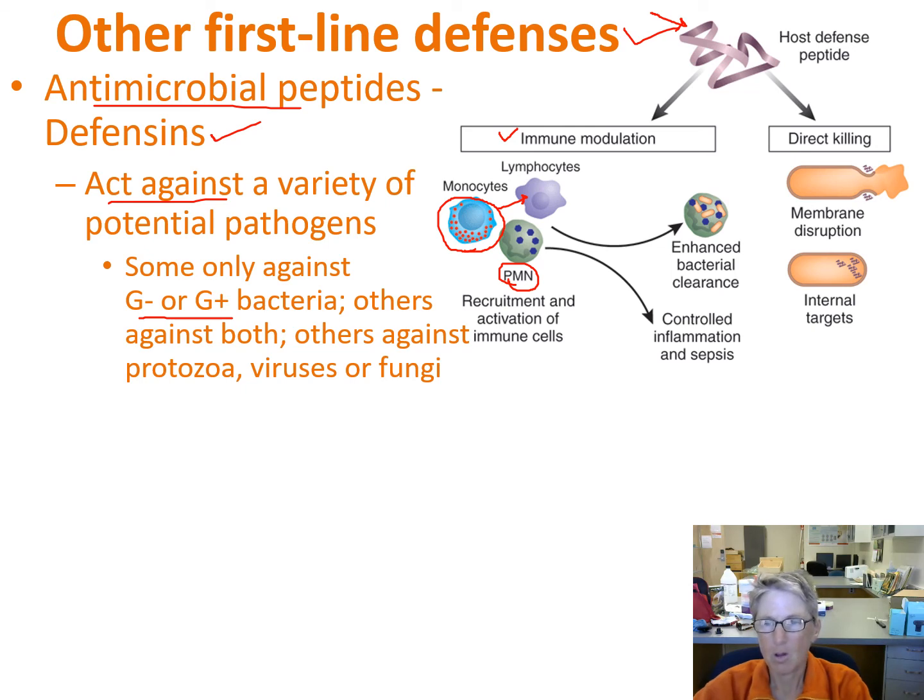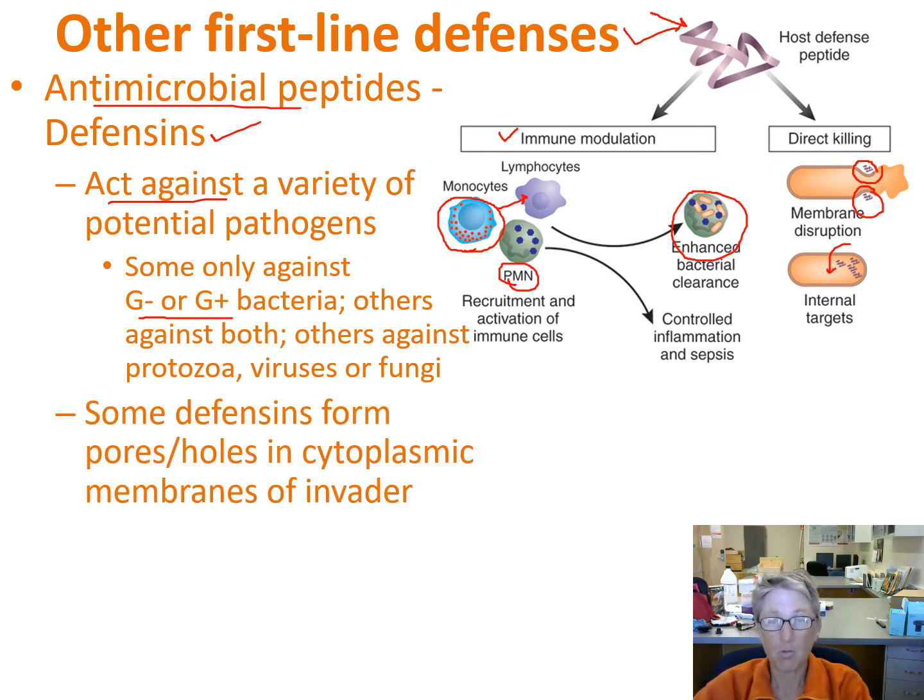And it shows here enhanced bacterial clearance, so they've eaten the bacteria. Host defense peptides can also do direct killing. So these peptides can stick themselves in the bacterial cell membrane, disrupt the membrane, cause the membrane to lyse, thus killing the bacteria. Host defense peptides can get in and destroy internal targets in the bacteria. But either way, these host defense peptides can destroy bacteria.